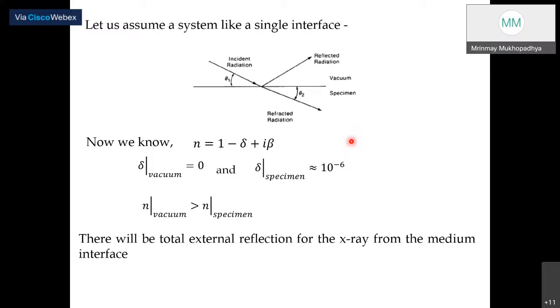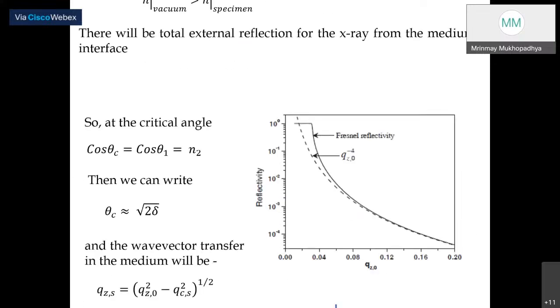A common example is a mirage, which we see in deserts, and that kind of thing is actually visible for X-rays. You can have total external reflection below a certain angle, and that angle we call the critical angle of total reflection, theta c.